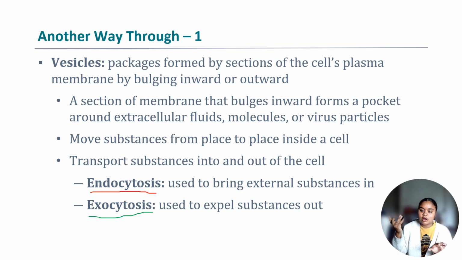They take all this waste material the cell doesn't need, put it in a vesicle, and that vesicle gets to the plasma membrane, fuses with the membrane, and then pushes the material out. So pushing the material out from the membrane is exocytosis. Bringing the material in from the membrane, that's endocytosis. So it's really important you know those two are different.